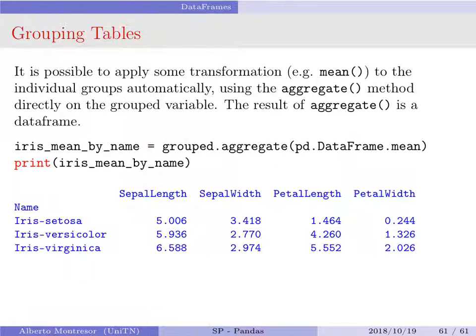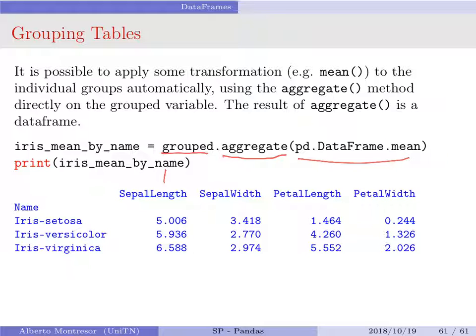And then you can perform operations like this, which is really powerful, but you need to perform a lot of exercise. If you have your groups, and then you perform this aggregate operation, then you can compute the mean over all of them.